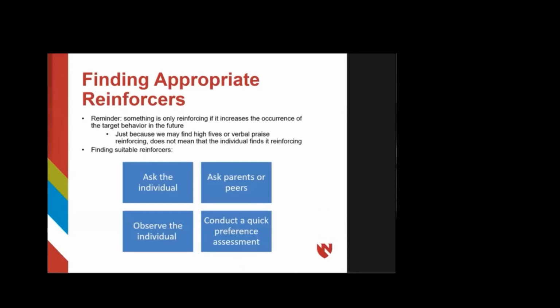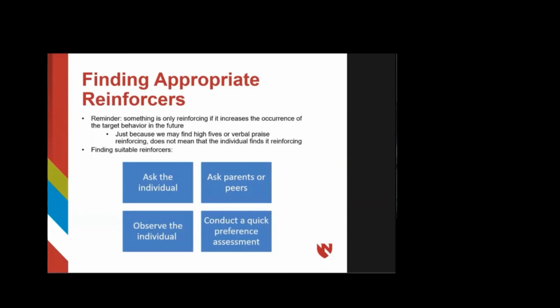So first, let's talk about finding appropriate reinforcers for the individual. Positive social attention is a natural reinforcer for engaging in social interactions. However, because we're all unique, what one person finds reinforcing may not be reinforcing for everyone. Because of this, it may take more effort to find suitable reinforcers for different people.